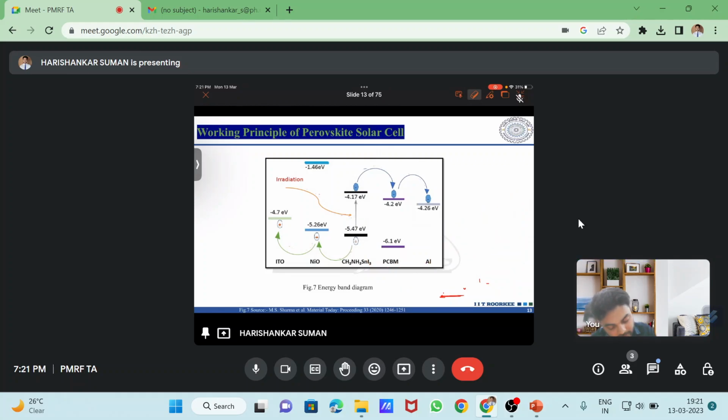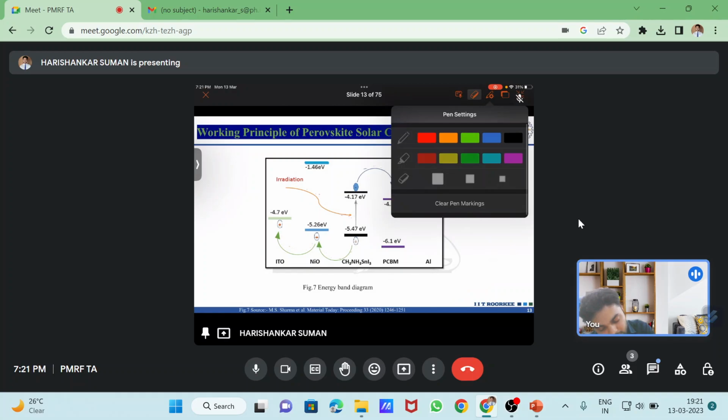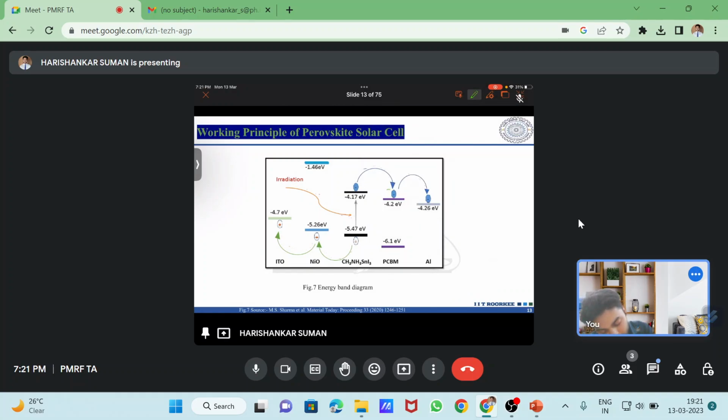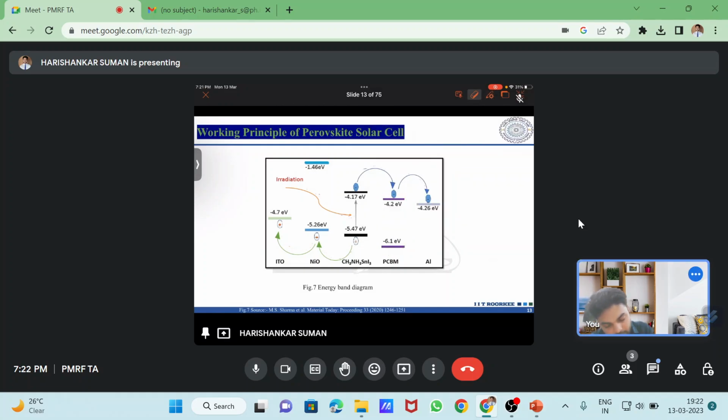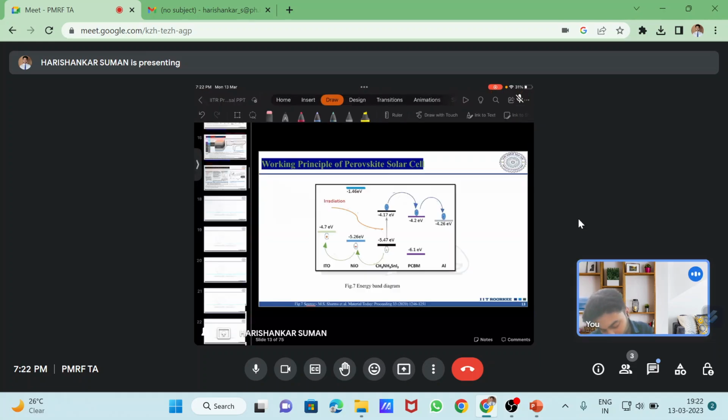So the structure can be NIP or PIN, top or bottom. I will show you PIN and NIP both. I have both configurations.